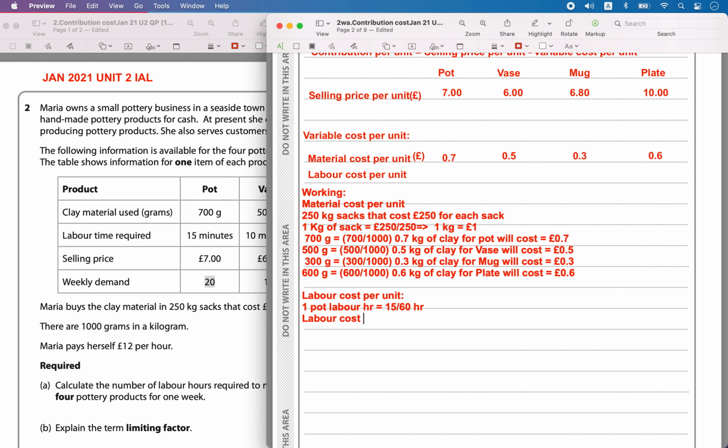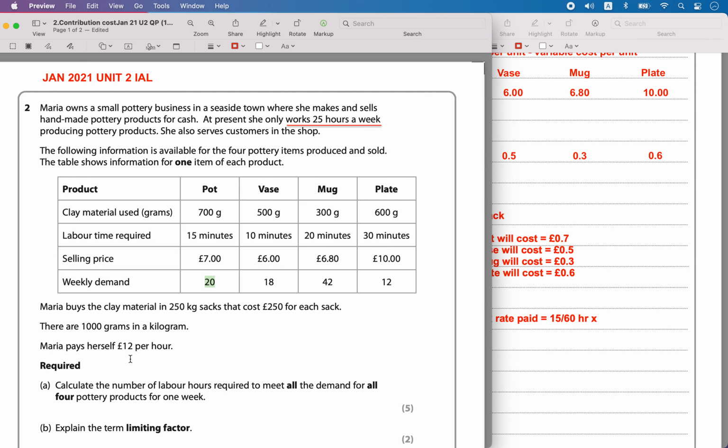So the labor cost for one pot she pays herself is equal to the hours worked into rate paid. So that is equal to, she works for 15 by 60 hours into the rate she is paying, 12 pounds per hour.